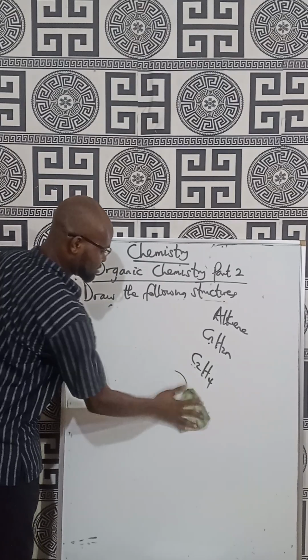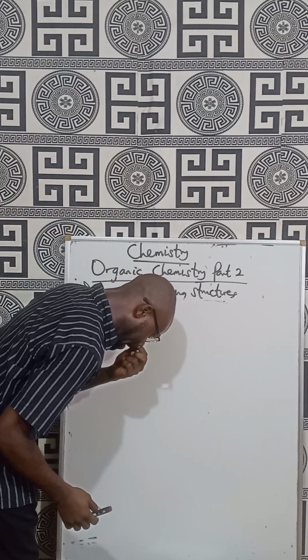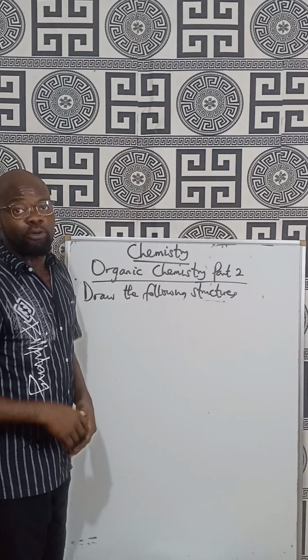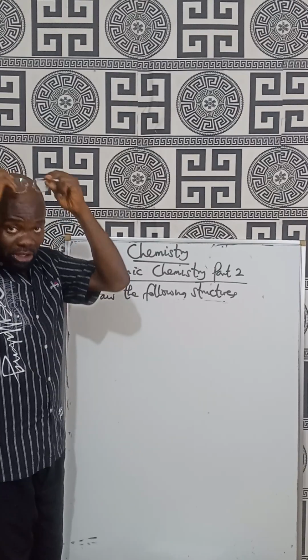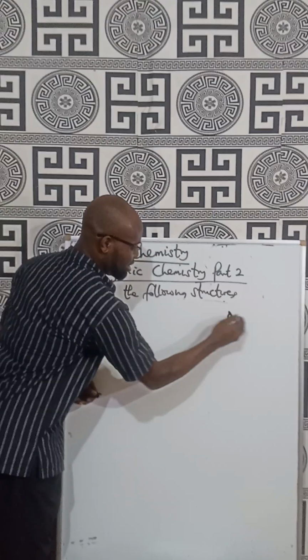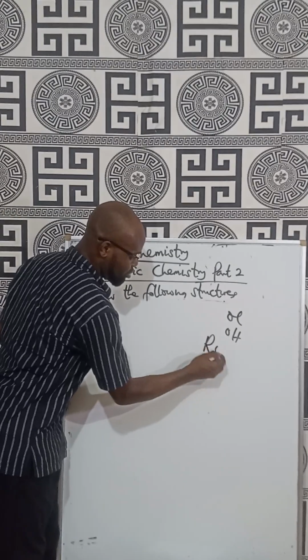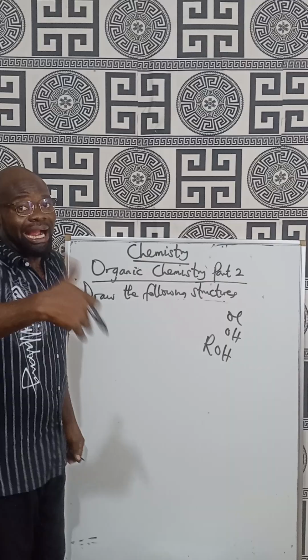So now let's look at the next one after that. The next one is propane-1,2,3-triol. That's the structure of an alkanol, because of the OH. The general formula is ROH, just like the one we did in my previous class for alkanoic acid.